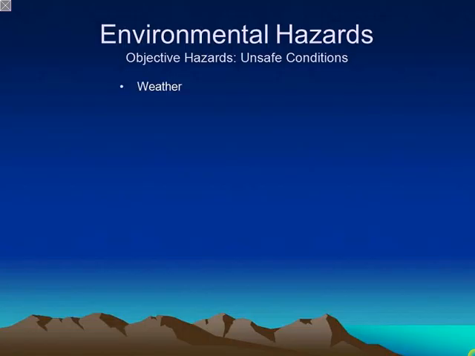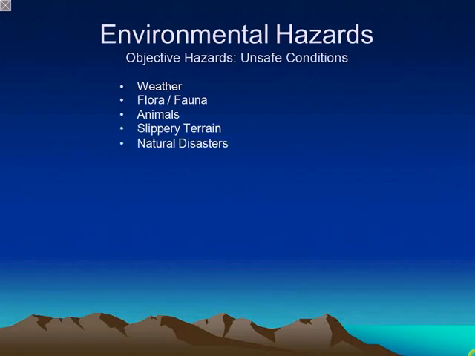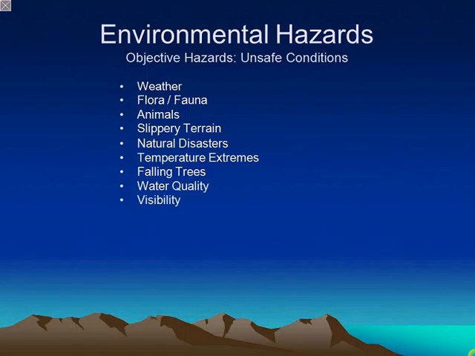Examples of environmental hazards are weather, flora, fauna, animals, natural disasters, temperature extremes, trees, air quality, visibility, rocks, biohazards, litter, cold and hot water, and allergens.